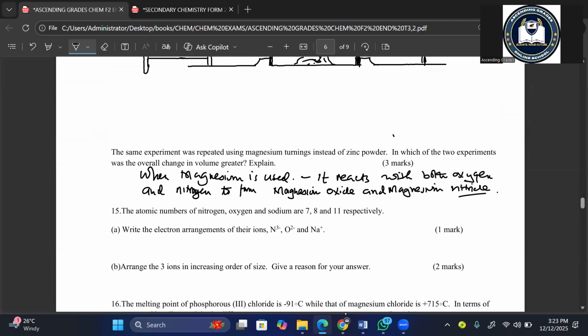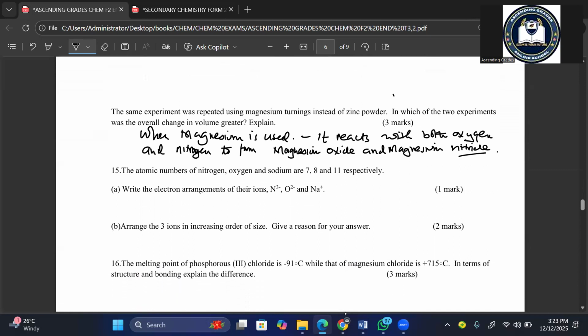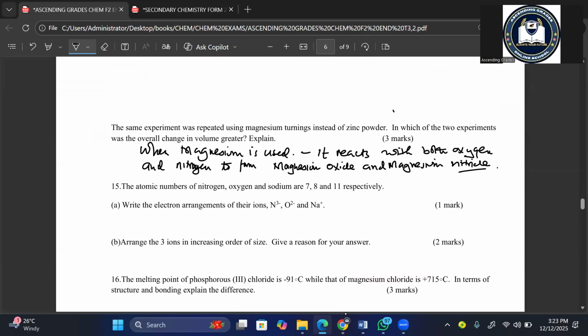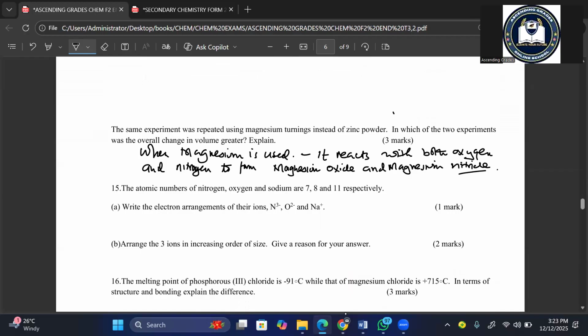Question 15. The atomic numbers of nitrogen, oxygen and sodium are given above.